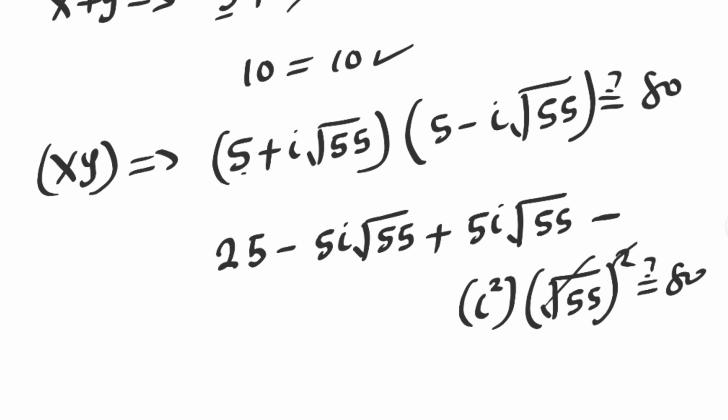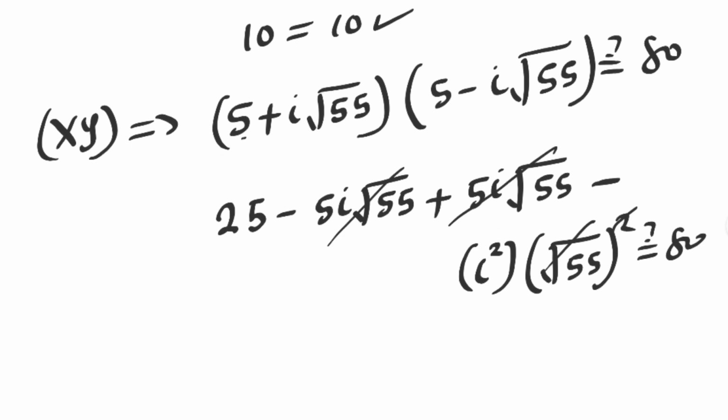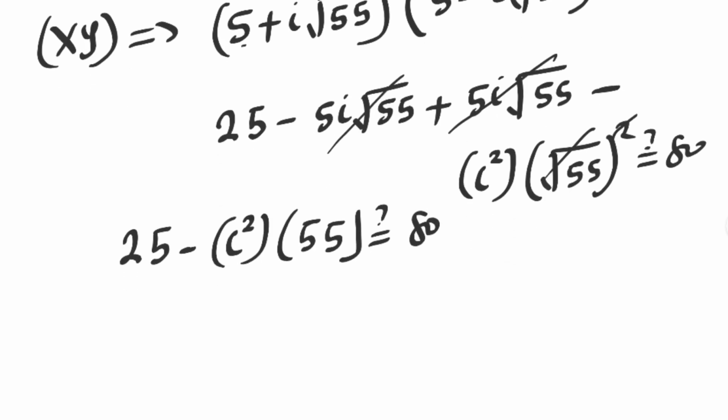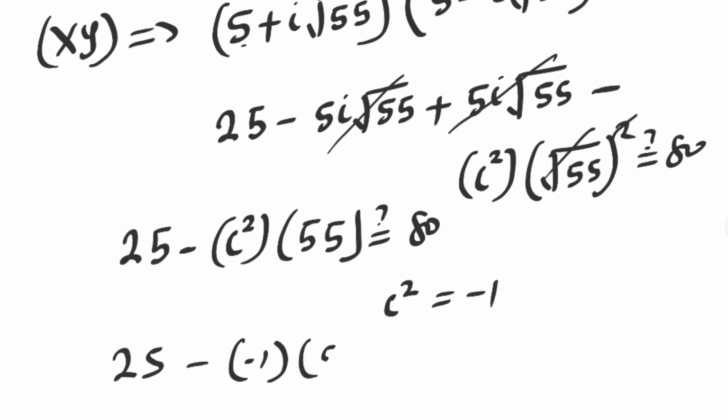This cancels this. This cancels this. 25 minus i square multiplied by 55 must be equal to 80. i square is equal to minus 1. 25 minus 1 multiplied by 55 must be equal to 80.